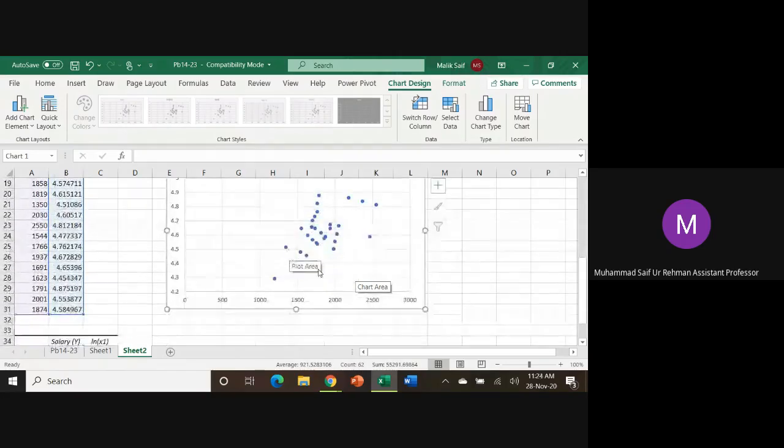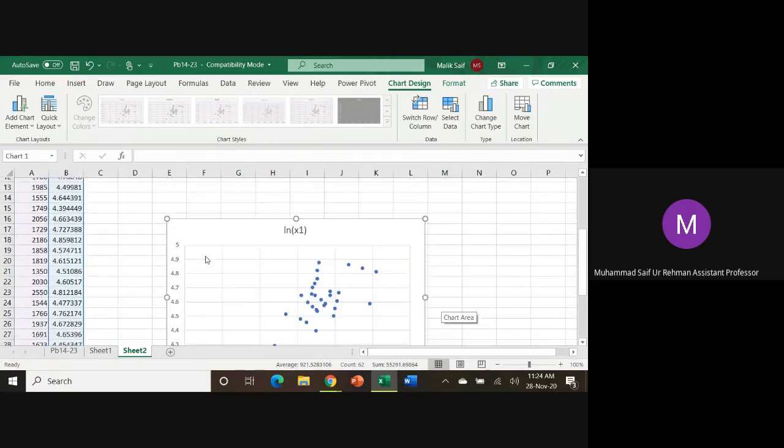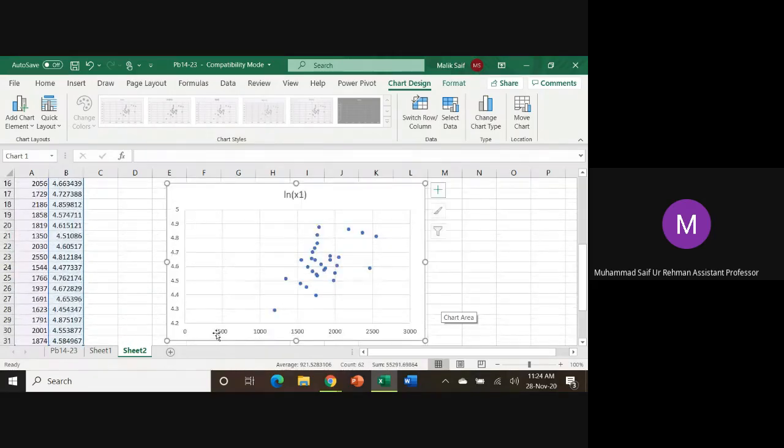Here, if you see, these values should be on the vertical axis, because this is the dependent variable and this is the independent variable. So how can we change it?